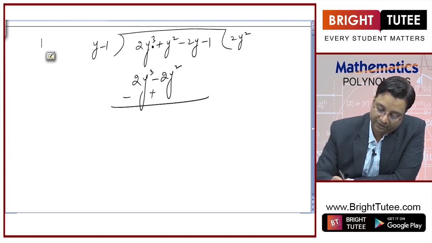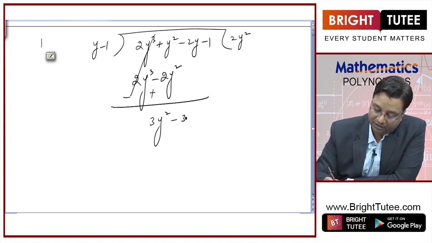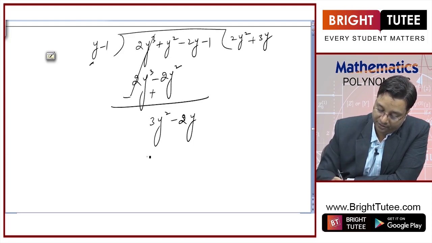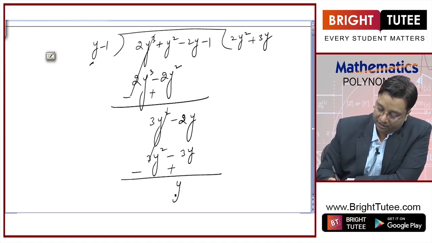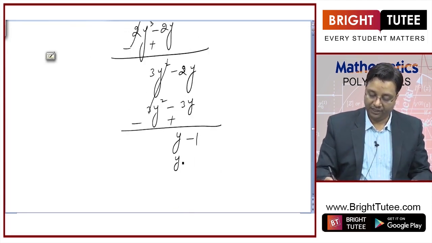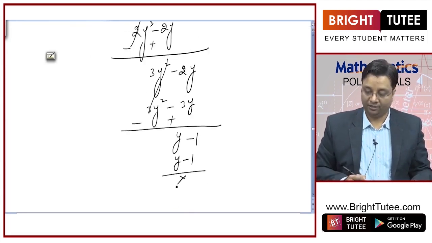When I subtract, this will cancel out and this will give me 3y square minus 2y. Okay. Now I multiply with 3y. Okay. So 3y square minus 3y. When I subtract, this will cancel out and this will give me y and this minus 1 here. Now plus 1. So y minus 1 and it will completely cancel out.